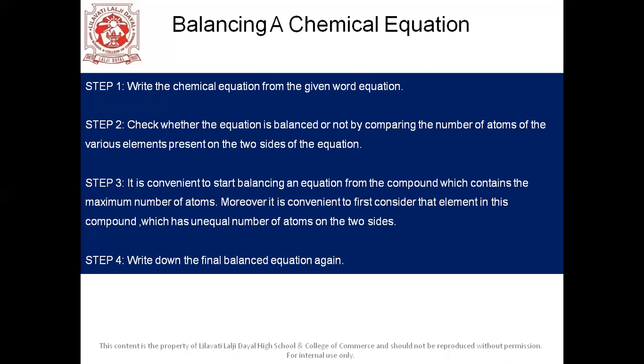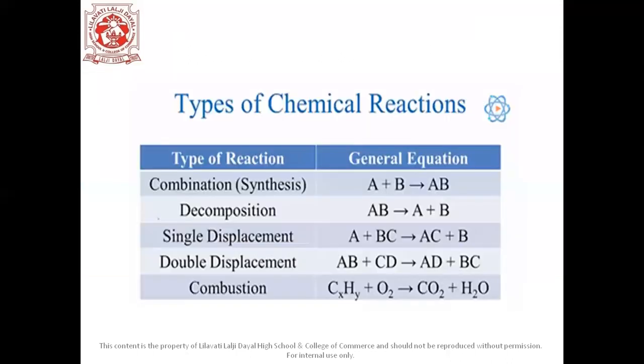Let's move on to the next topic, which talks about types of chemical reactions. As you can see, students, there are 5 types of chemical reactions. First one is the combination reaction, wherein the equation will be A plus B giving you AB.